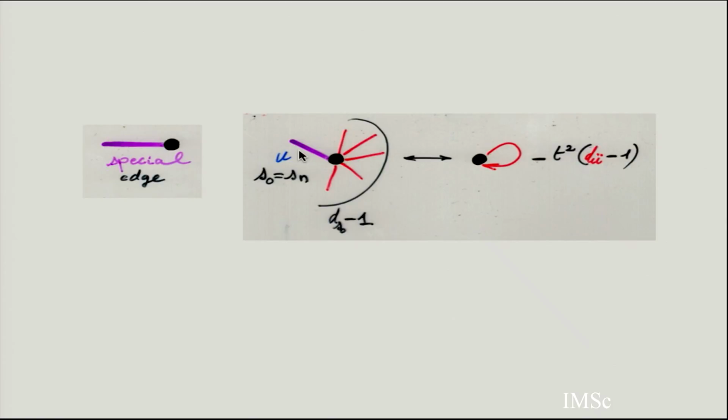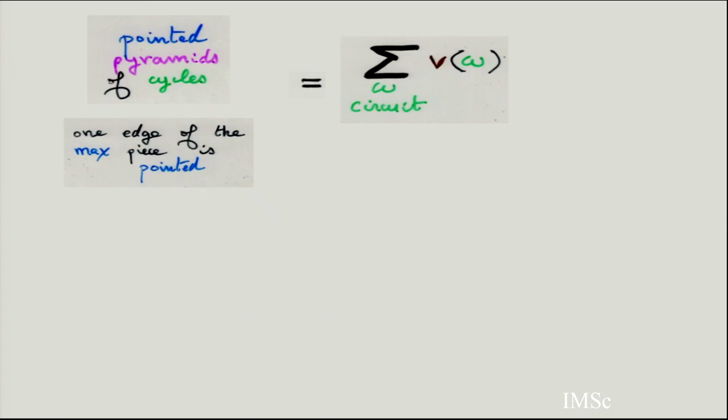But we are taking the logarithm, which is the pointed pyramid of cycles. And in the case there are loops at the origin, this is the maximal piece. And the maximal piece of the pyramid has a weight t squared. And if you remember the paradox, which is not a paradox of the logarithm, in fact, the loop which is weighted by t squared is counted twice.